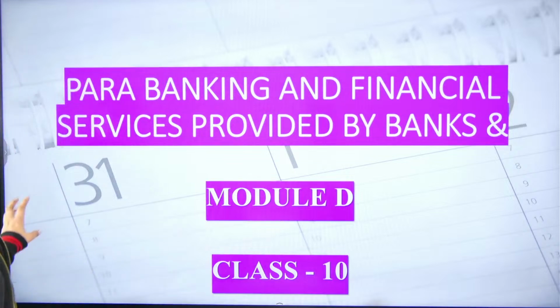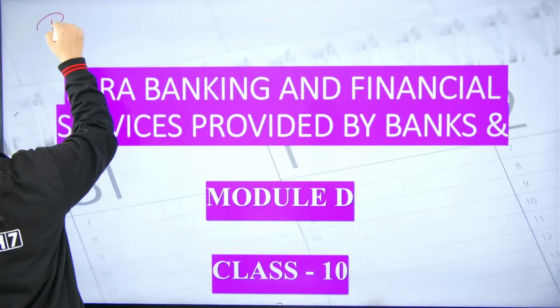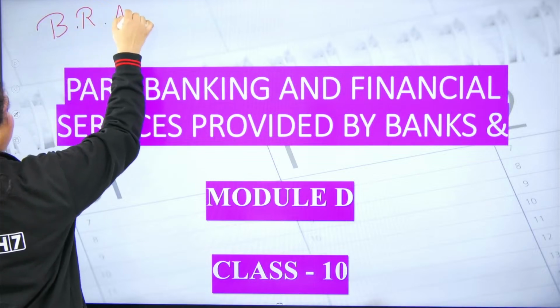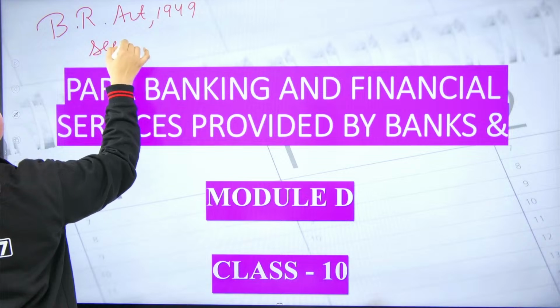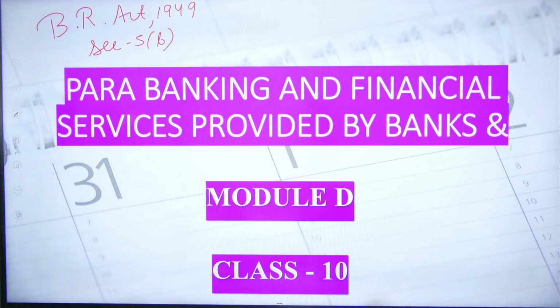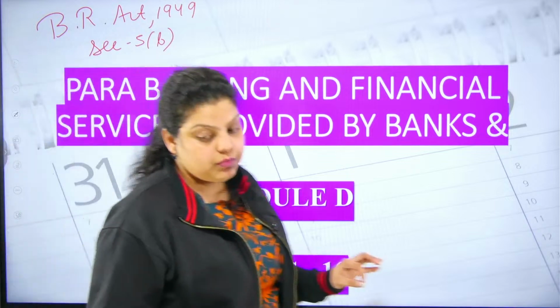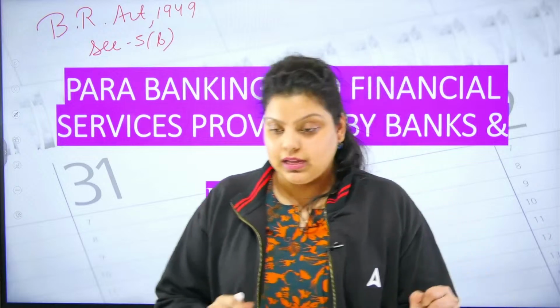Now let's move forward and talk about para banking. In the Banking Regulation Act 1949, Section 5B talks about what actually the business of banking is.